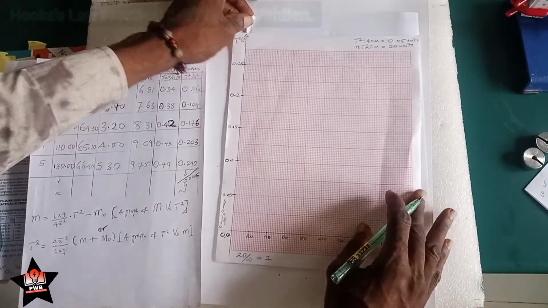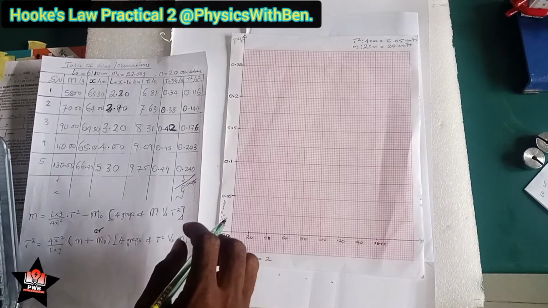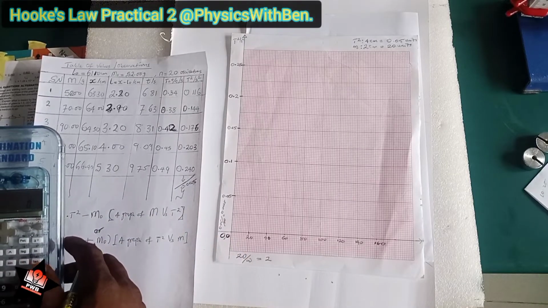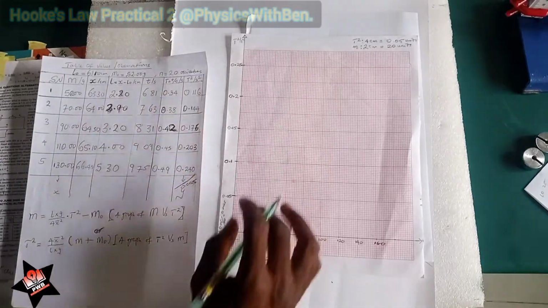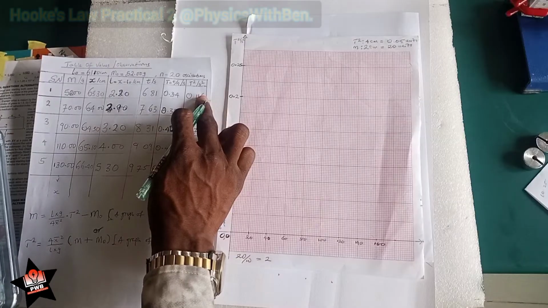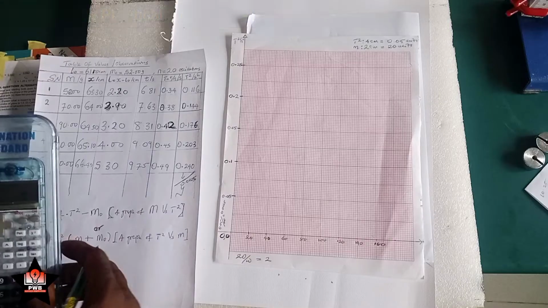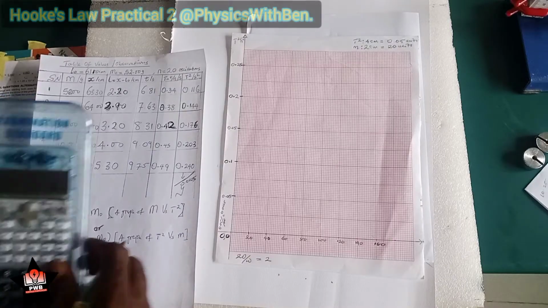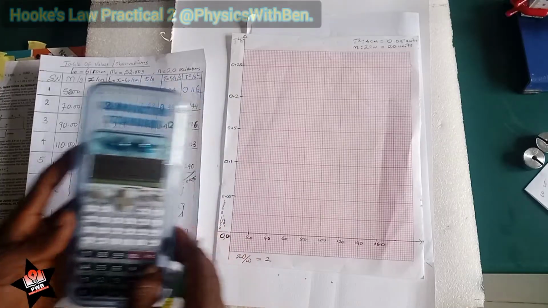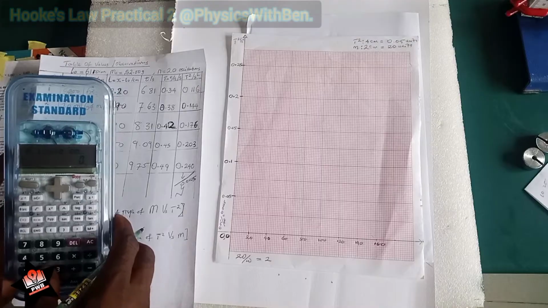When T squared was 0.116, how do we get that precise value on the graph here? Divide 0.116 by 0.0025.